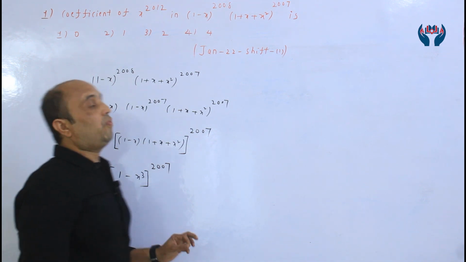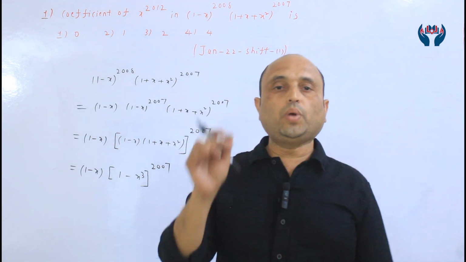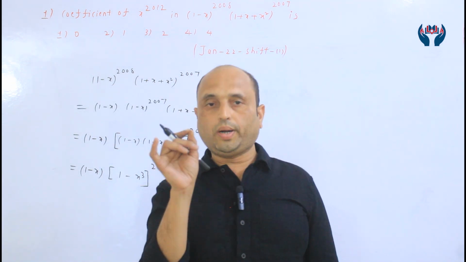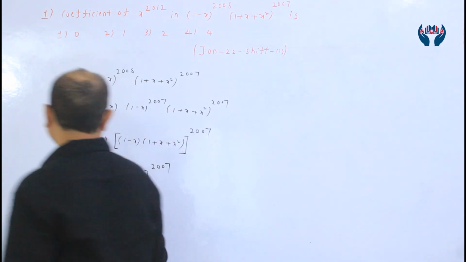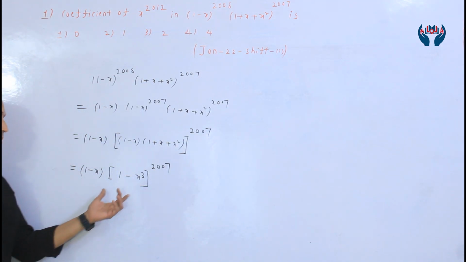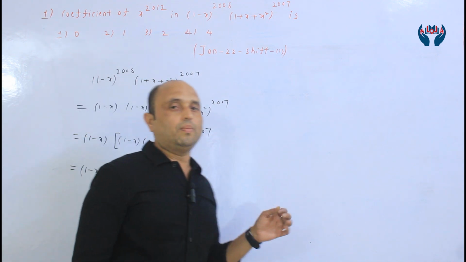Now here we want to find the coefficient of x to the power of 2012. So just write down the general term of (1 minus x cube) whole to the power of 2007.